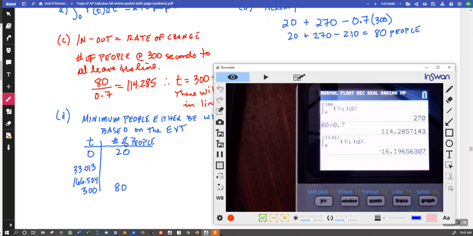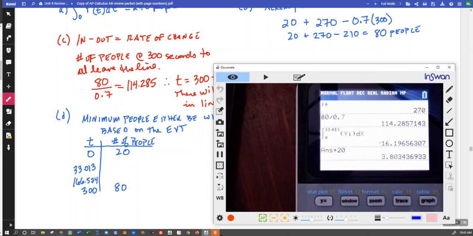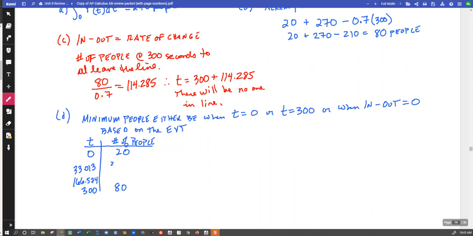And that gives me negative 16.196, which is actually the net change. I initially had 20 people in line, so with a net change of negative 16, that gives me 3.803 people.